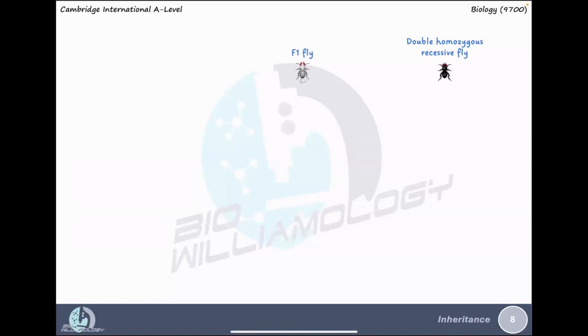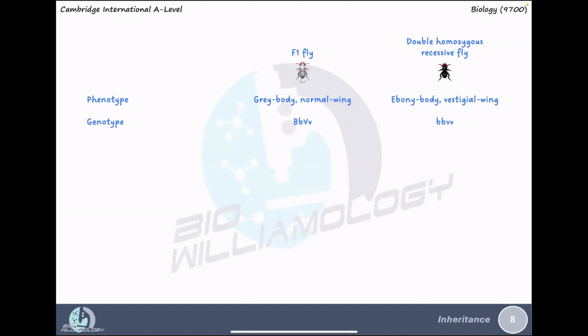So we have the F1 fly, which is gray body, normal wing, crossed with the double homozygous recessive fly, ebony body, vestigial or short wing. We can see the phenotypes for the F1 fly, gray body, normal wing, and for the double homozygous recessive fly, ebony body, vestigial wing, or abnormal short wing.